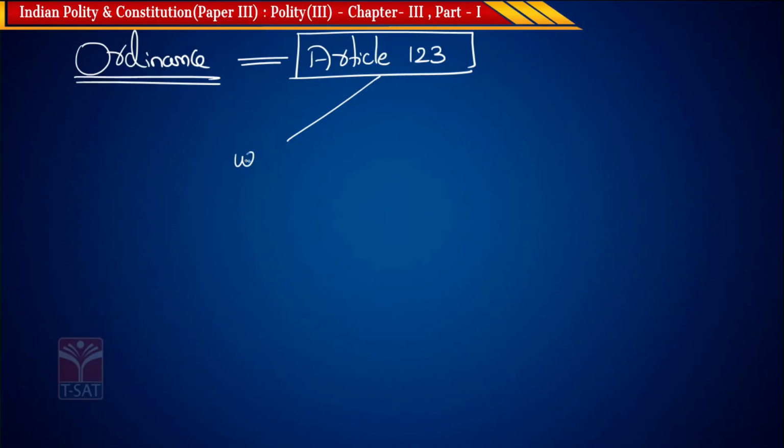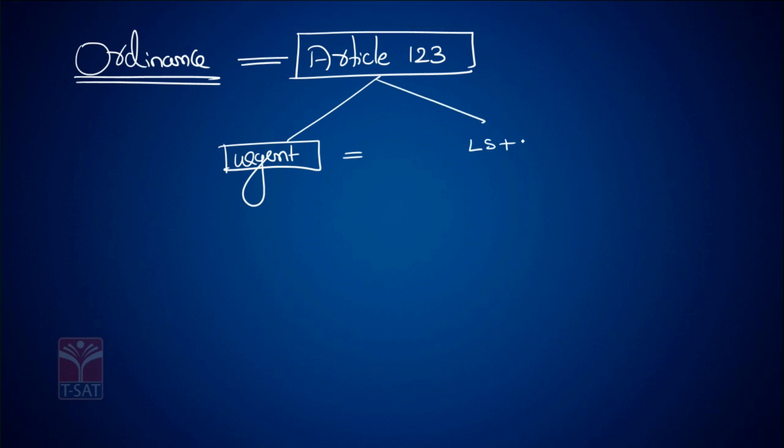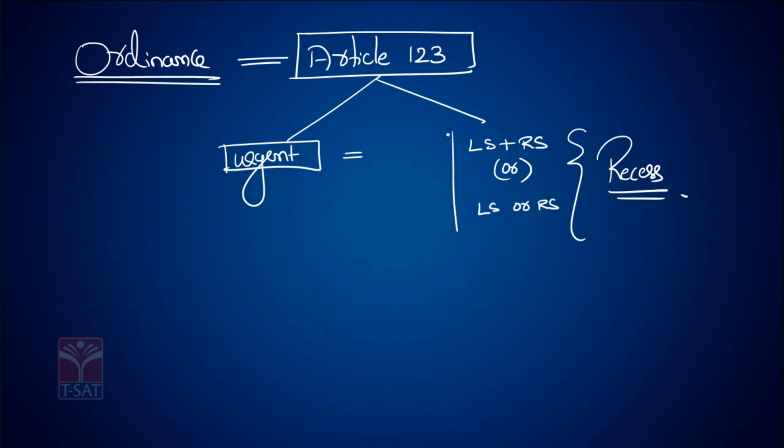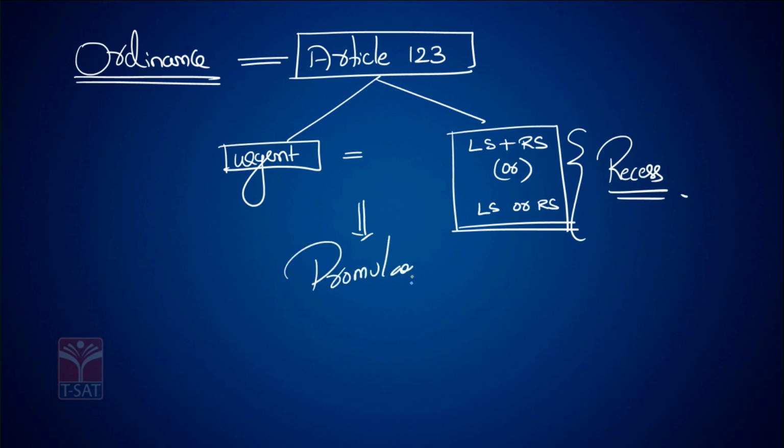There is an urgent need for the law, but to make the law, both Lok Sabha and Rajya Sabha, or Lok Sabha or Rajya Sabha is in recess, is in rest. Only when these two conditions are satisfied, the President can promulgate the ordinance.